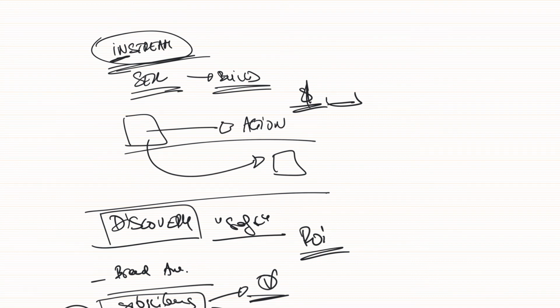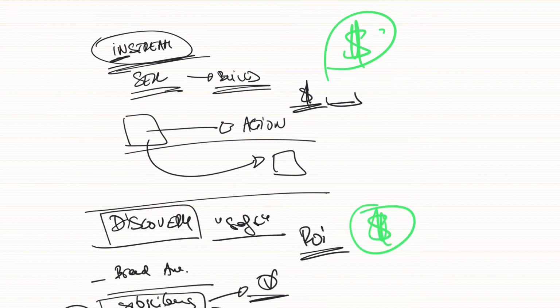The only thing I forgot to mention, that I will mention right now, is that it also comes down to your budget. How much money do you have to spend? Instream ads are more expensive than discovery ads, so this is really something you have to understand. If you don't have a lot of money to spend on ads, I would certainly try at least discovery ads, which you can start with $5 per day, right?